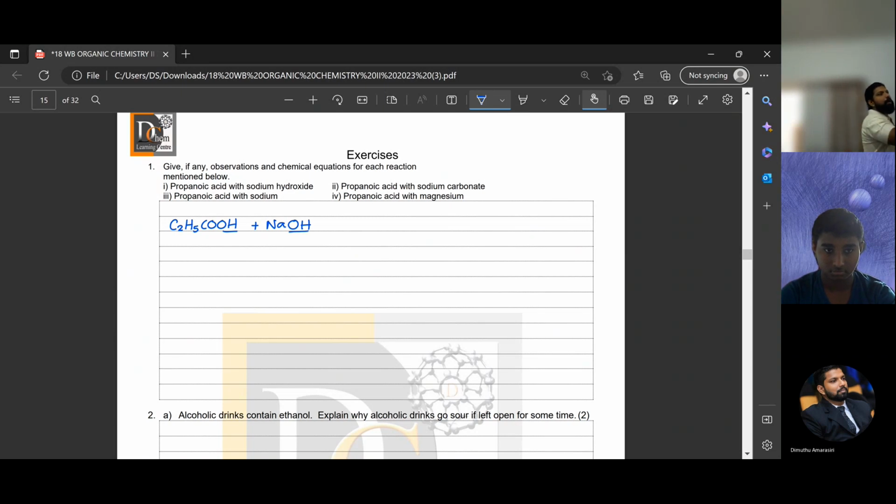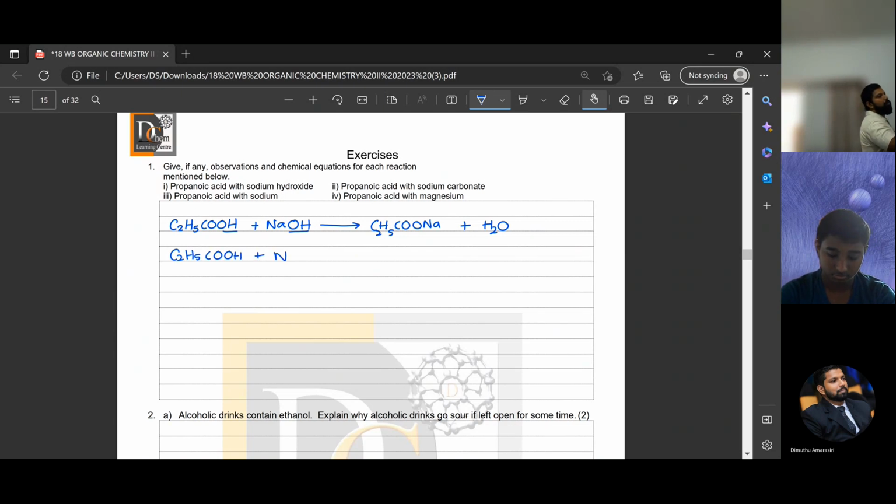So when this acts as an acid, it gives you a salt. The place where the H was is now taken by sodium, and you get water. So this is sodium propanoate, and water.